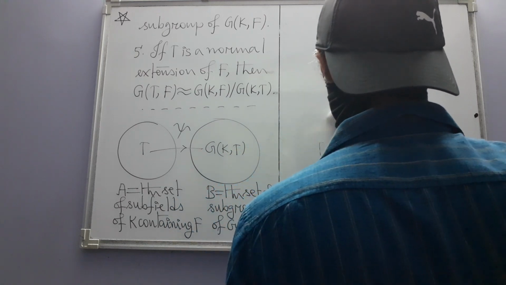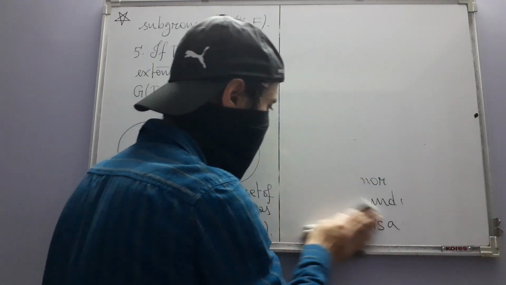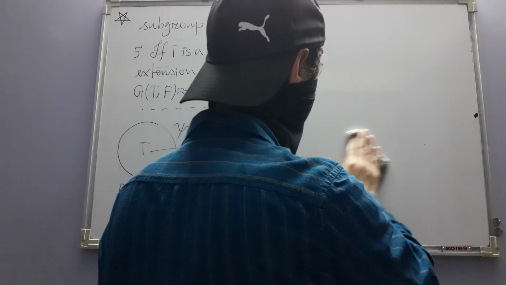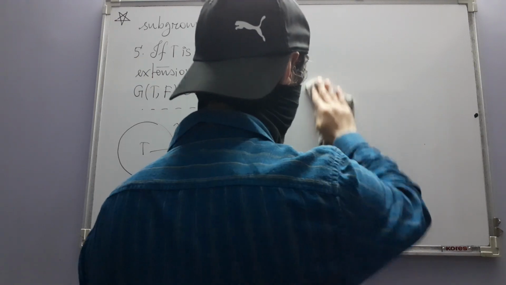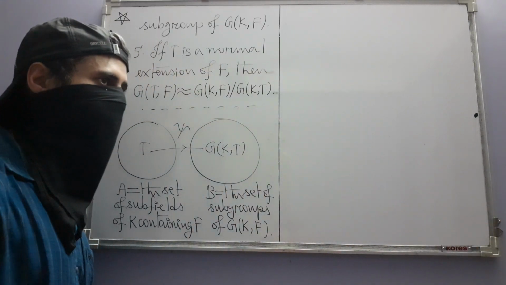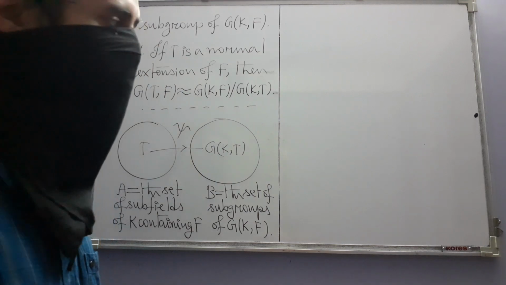The proof starts with a statement that we have seen why it is true in the proof of the previous theorem.